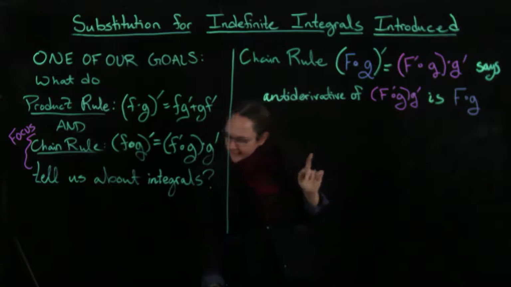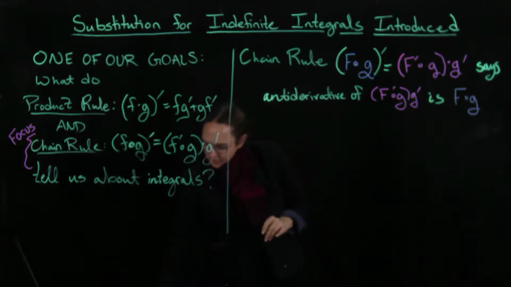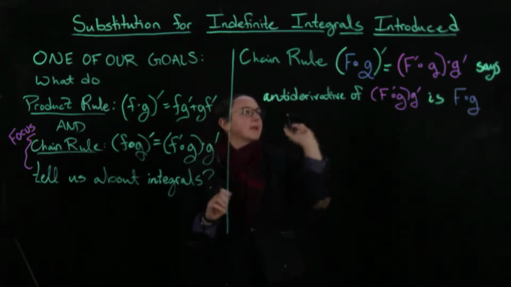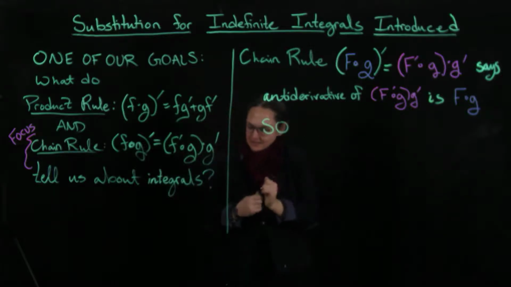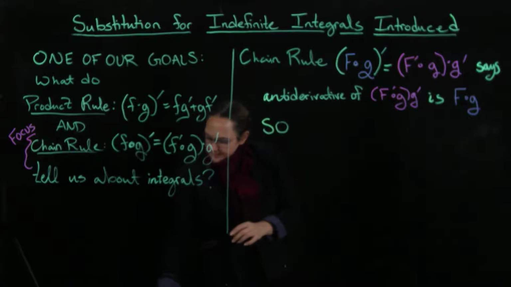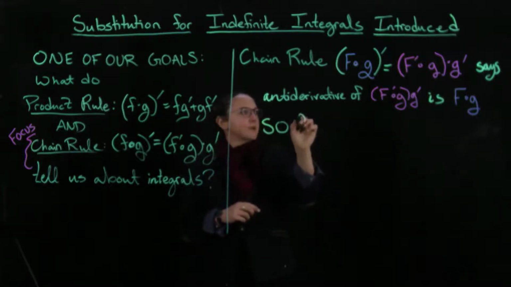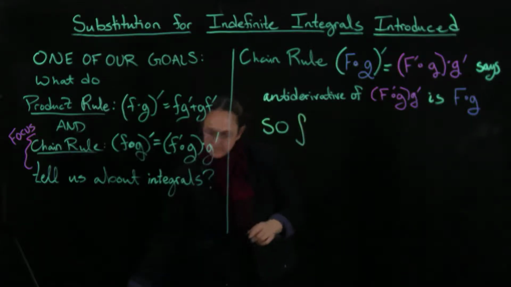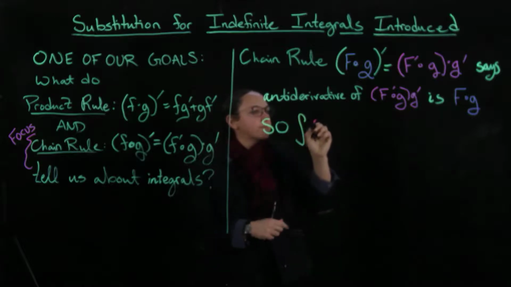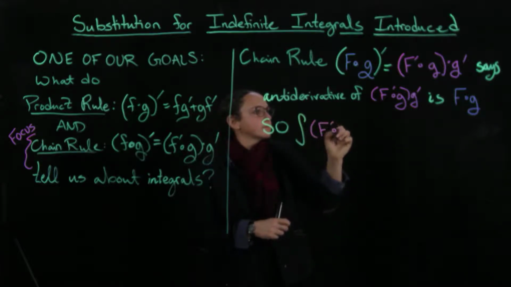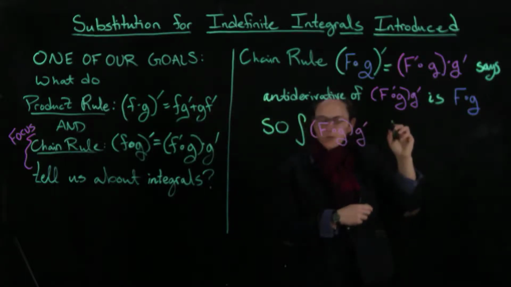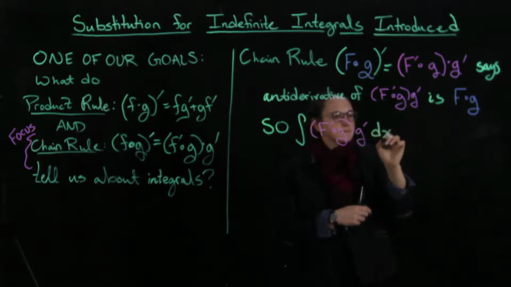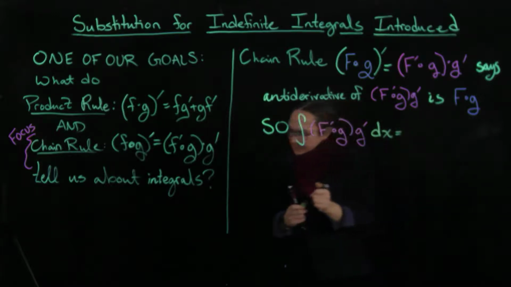Okay, well, then that is going to tell me that, thinking through how all these things work, this is pulling a lot of stuff together, so this is nice. So I'm going to get that the integral of this critter dx is actually going to equal, and then I'm going to get plus c.